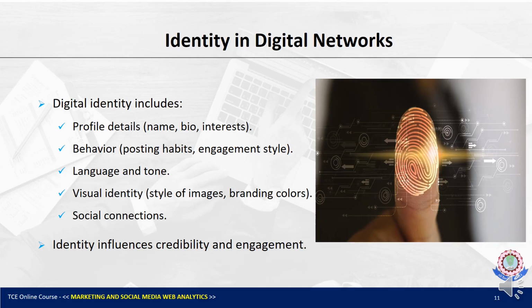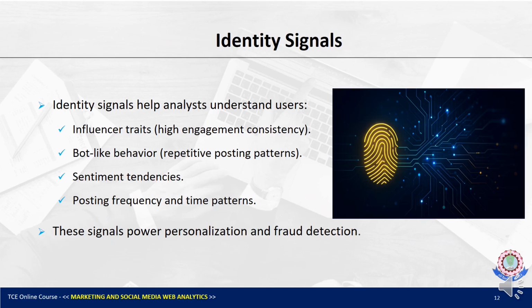Identity in digital networks. Digital identity is a mix of profile information, behavior, tone and language, visual style, and connection patterns. Identity strongly influences credibility, visibility, and engagement. Identity signals.